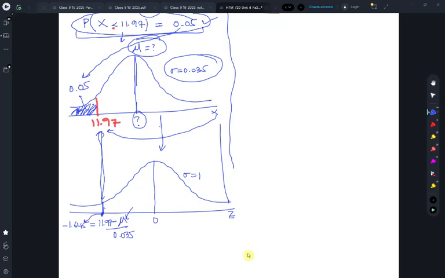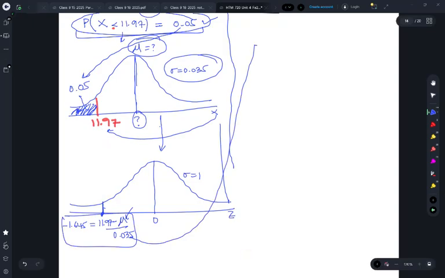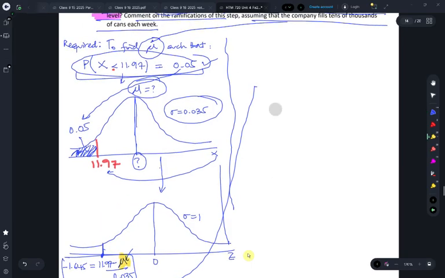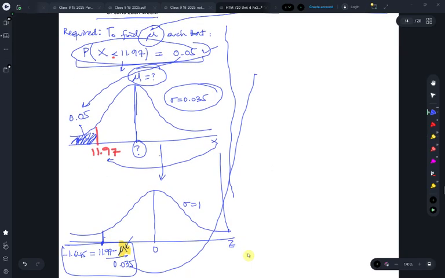So I'm going to put that here, negative 1.645. Good. And my goal is to use this equation to solve for the only unknown, which is my mean. So let's see how that is done. You have negative 1.645 equals 11.97 minus the mean divided by 0.035.